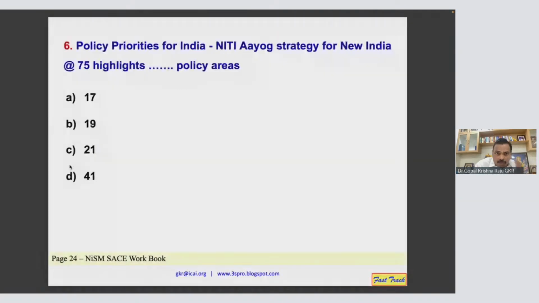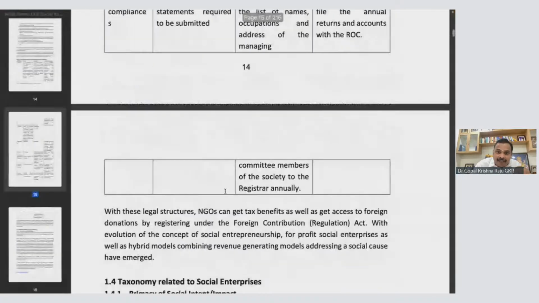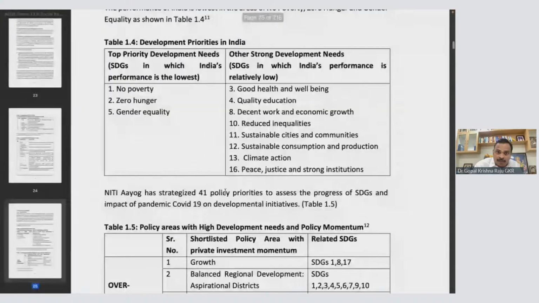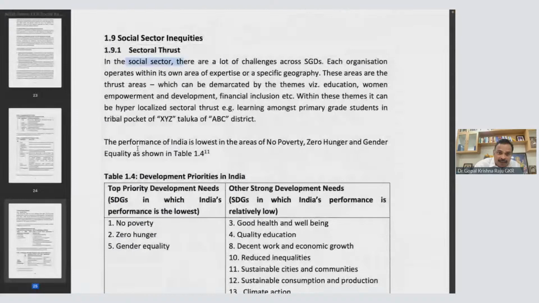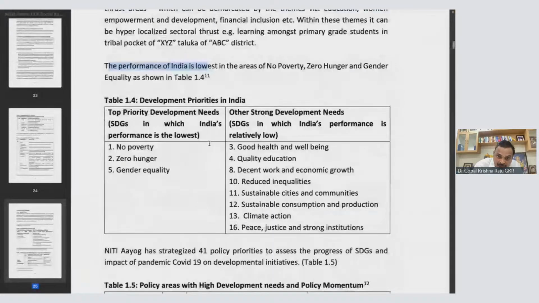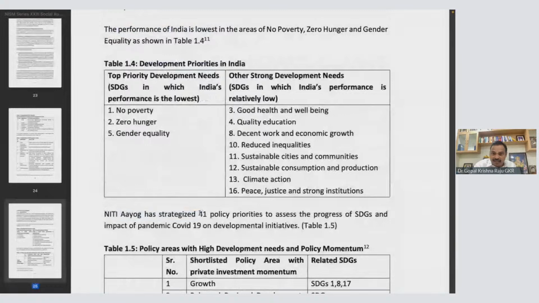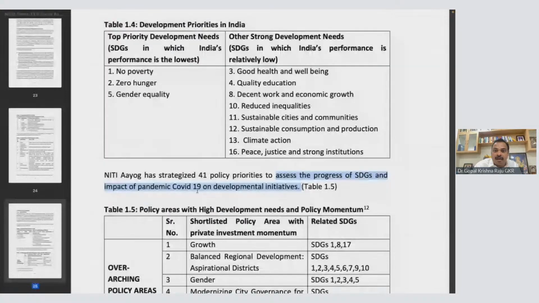Now, I want to bring your attention to page number 24, where they have mapped the 17 to the Indian scenario. This is sectoral. Niti Aayog has strategized 41 policy priorities to assess the progress of SDG and the impact of the COVID-19 pandemic on development initiatives.